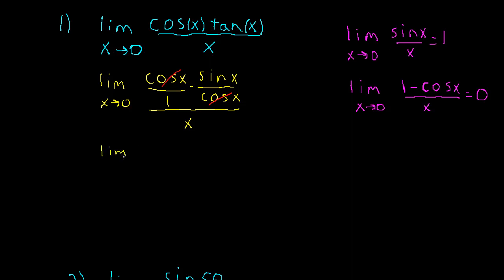So now we have the limit as x goes to 0 of the sine of x, the thing that's left over after reducing our cosines, and in the denominator I'm left with just 1. Now this looks familiar. This looks like what we already knew to begin with, so we don't have to do anything more. We know that limit is equal to 1, and you're done.